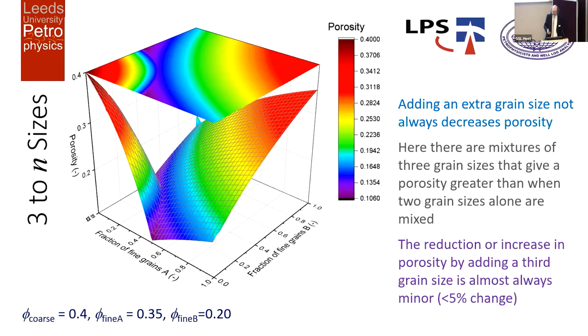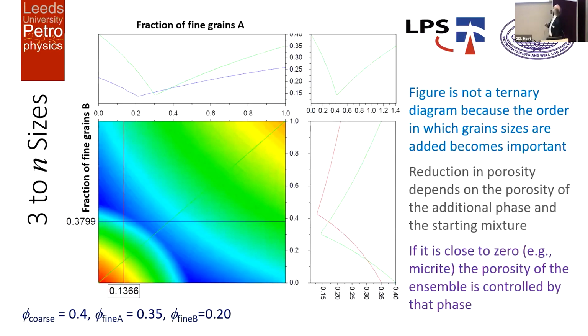So if we look at this same data from the point of view of a projection, if you like, here we have the fraction of fine grains B in this direction, the fraction of fine grains A in this direction, and the colours representing porosity. You can see from these sectional lines here, the blue one is this line, the red one is this graph here, and the green one that you perhaps can't see very well, which goes diagonally from corner to corner, is this one over here.